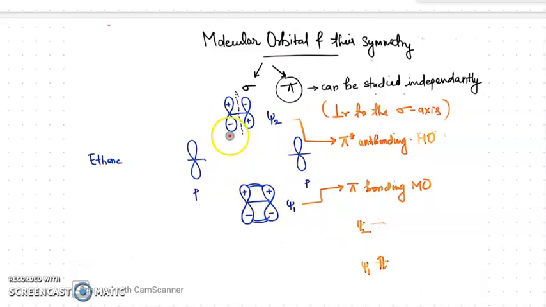So this is the molecular orbital picture for ethene: Chi1 is the pi bonding molecular orbital, while Chi2 is the pi star anti-bonding molecular orbital for a single double bonded system. In the coming video, we'll talk about the molecular orbitals for two conjugated double bonds and for three conjugated double bonds, and with that, we'll move on to how to use them to explain the stereoselectivity in various pericyclic reactions. Thank you.